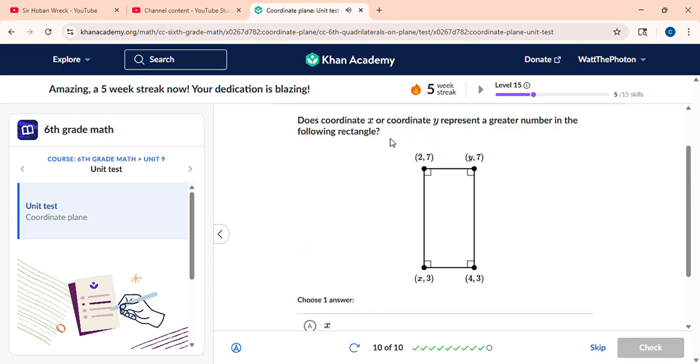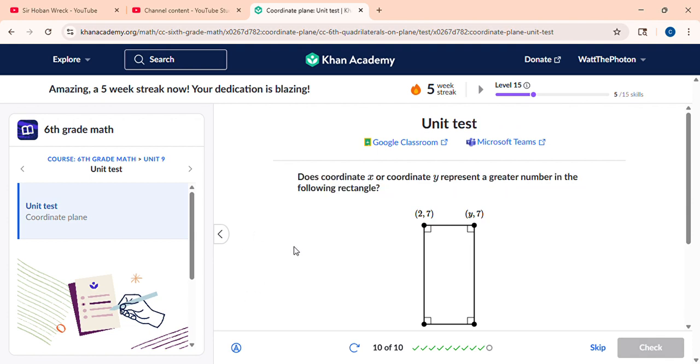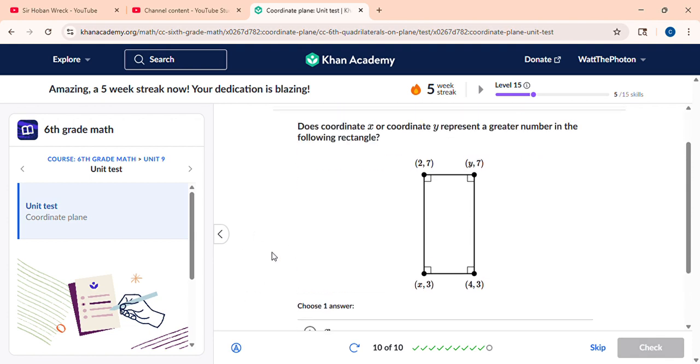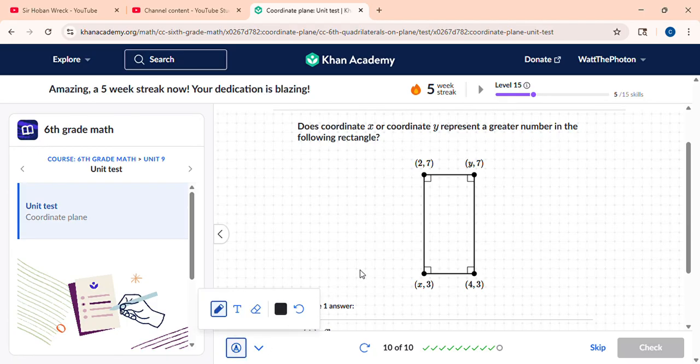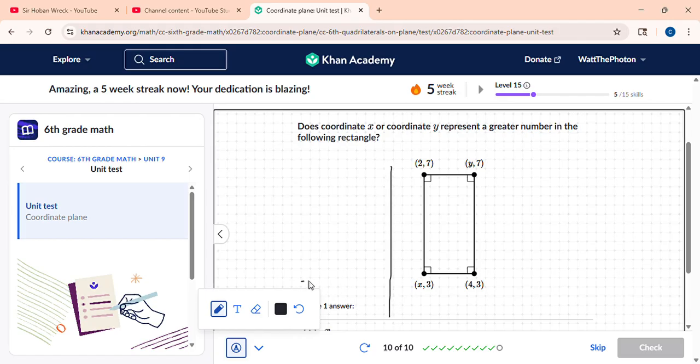Does the x-coordinate or y-coordinate represent a greater number in the following rectangle? So y is equal to 2, and x is equal to 4. With our graph right here, x of 2, y has to be equal to 4.